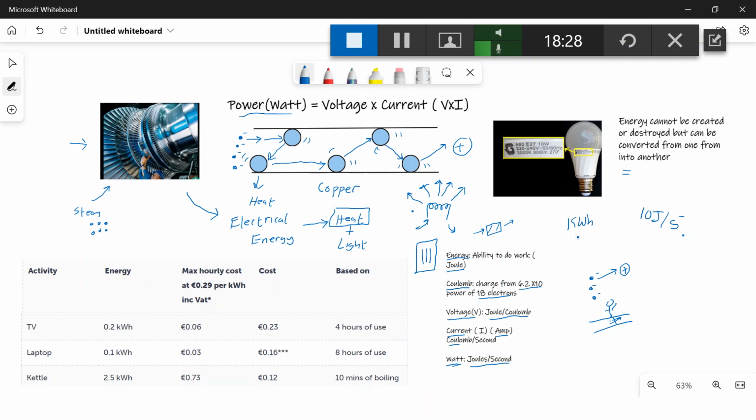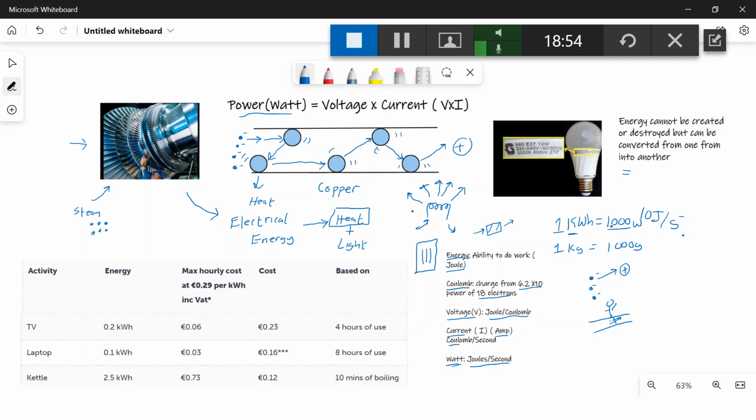So 1 kilowatt is equal to 1000 watts. That's what this kilo means. Similar to, for example, 1 kilogram, kg, is equal to 1000 grams. Well, when we're talking about kilowatts, 1 kilowatt is equal to 1000 watts.